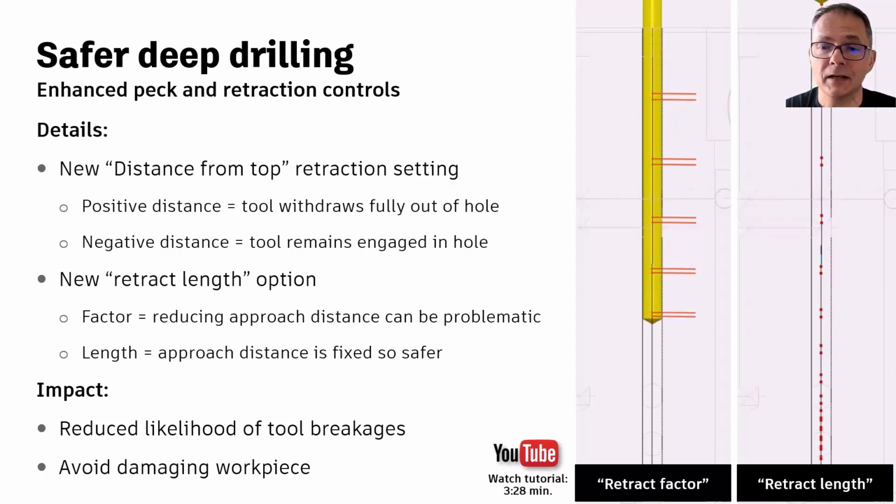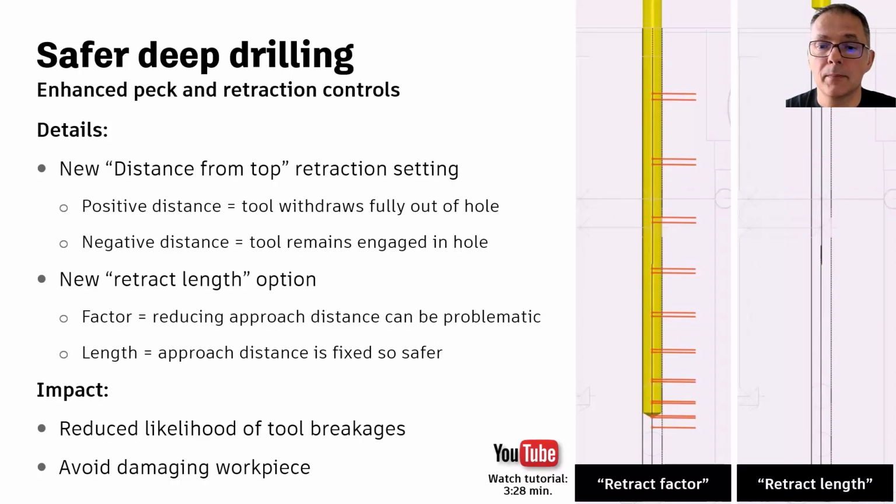As we can see in this video, as the peck depth gets smaller and smaller, so does the clearance between the end of the rapid plunge move and the start of the next peck. This can cause the tool to engage into any unmachined swarf left in the hole, causing it to break.